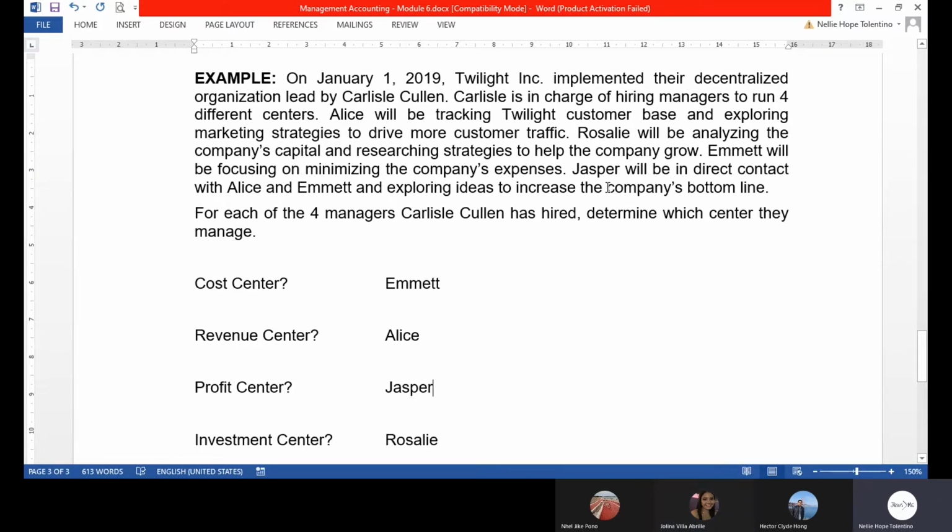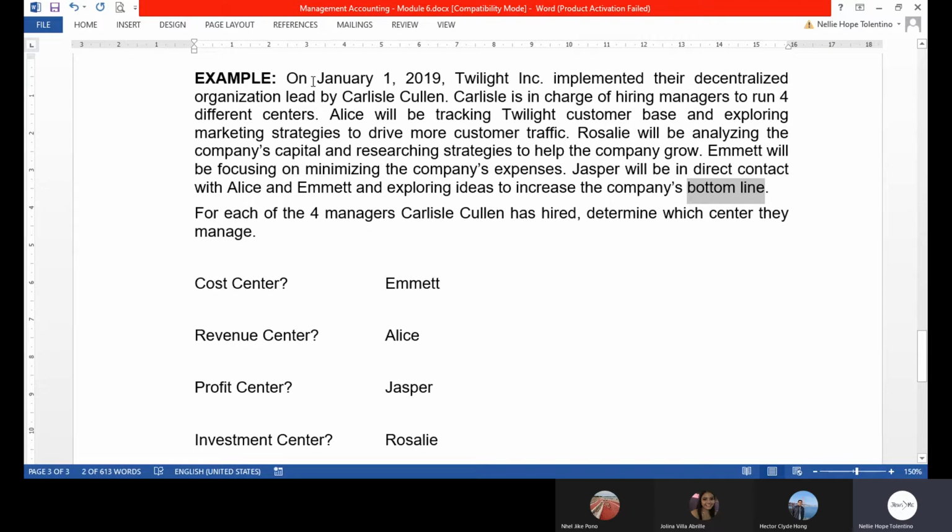And maybe first time nyo itong ma-encounter, bottom line. Bottom line is actually the net income, the net profit, or the net loss. Bottom line ang tawag dyan because in an income statement, yan yung pinaka-last na line item na makikita mo.